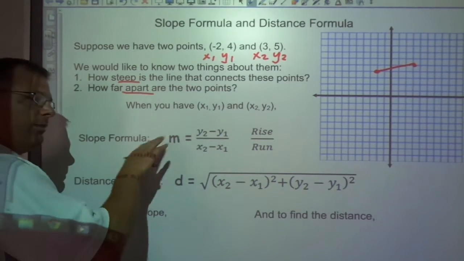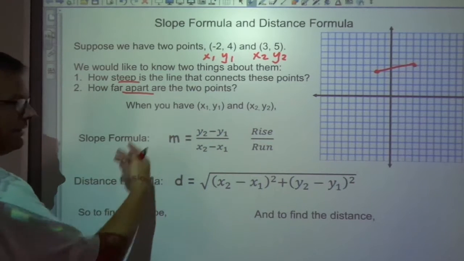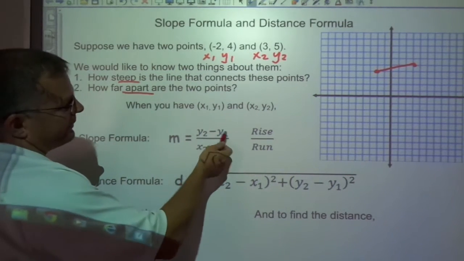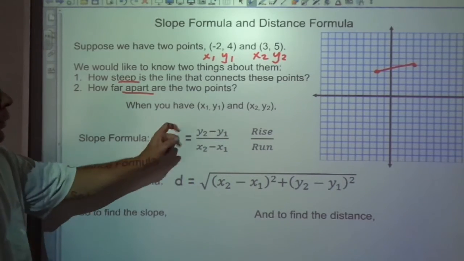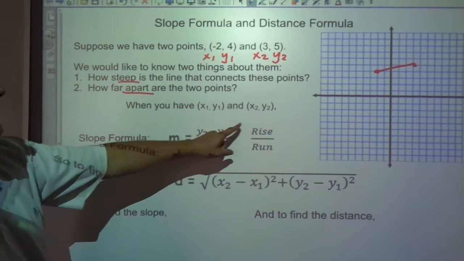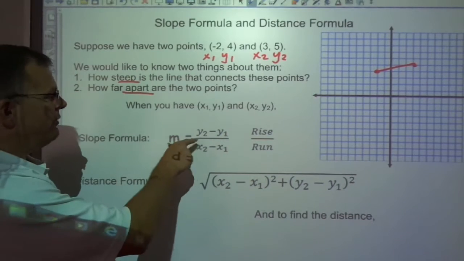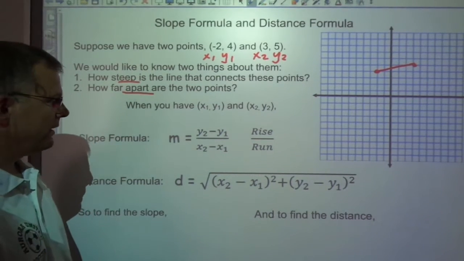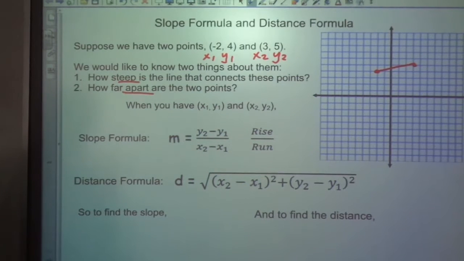M is a French word monter, which means to climb, so I use the letter m, even though we're not French. But it is the difference of the y values. Go ahead and write this down, y2 minus y1, which tells us the rise, over x2 minus x1, which tells us the run.